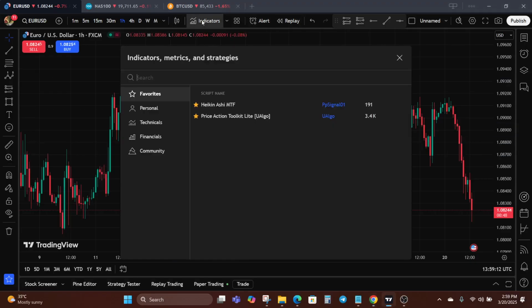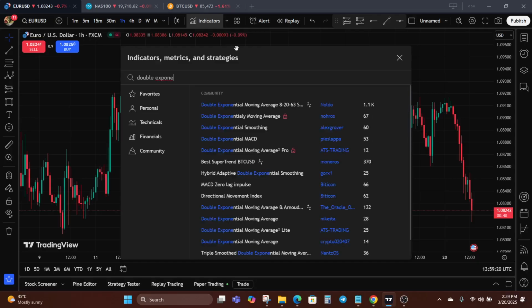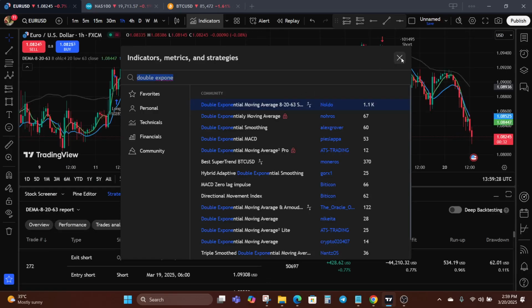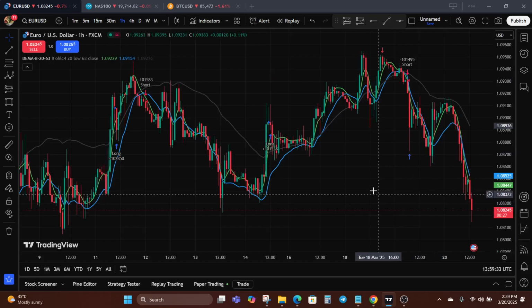But the DEMA, the Double Exponential Moving Average, addresses this issue by applying a more sensitive calculation, which allows it to react more quickly to price movements.